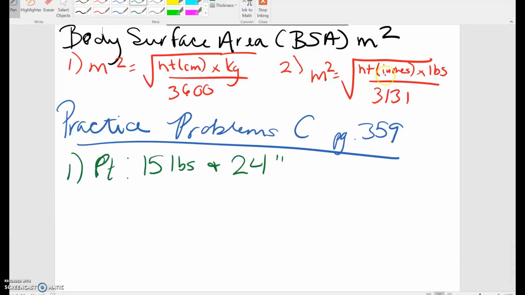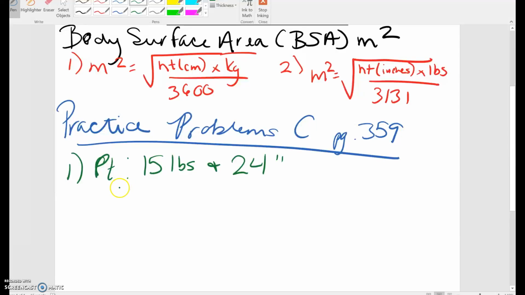Look at the height of the patient. It's very easy for you guys to convert kilograms to pounds, pounds to kilograms, but sometimes centimeters to inches and inches to centimeters can be very difficult for some people. So what I tell you guys is look at the height. Whatever the height units is, whether it's centimeters or inches, that's the formula you would use.